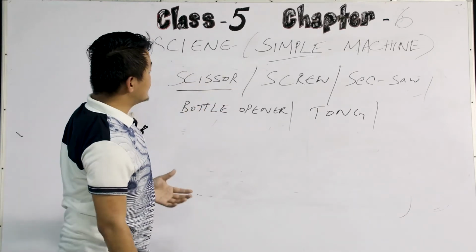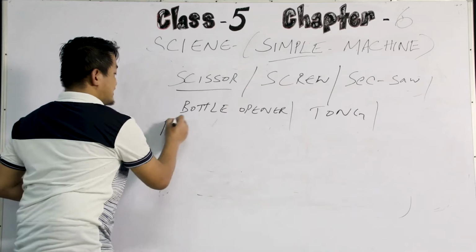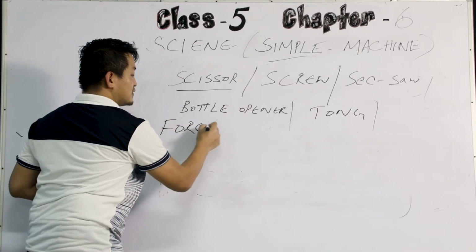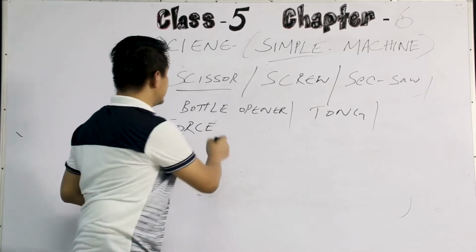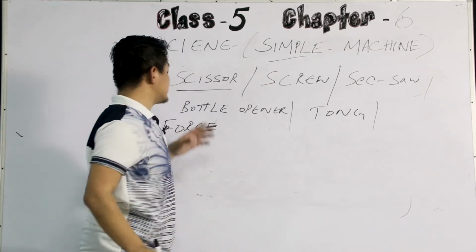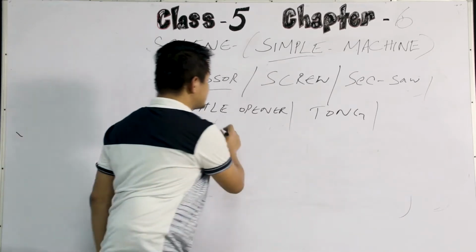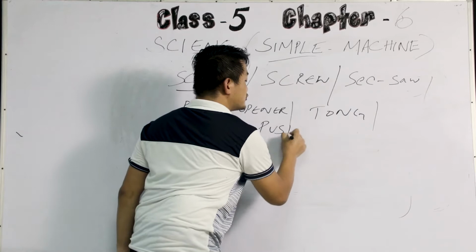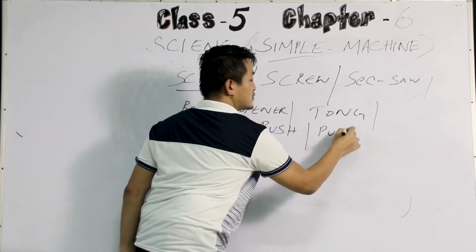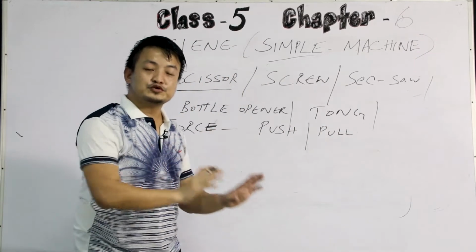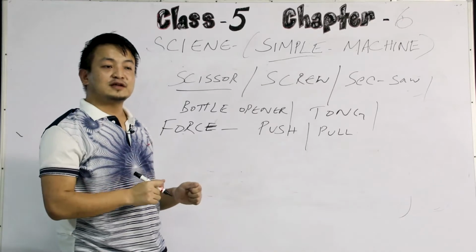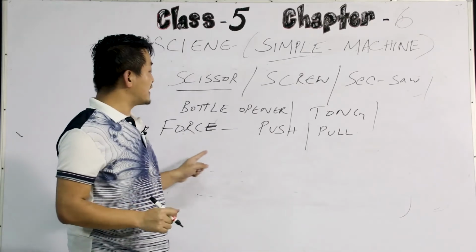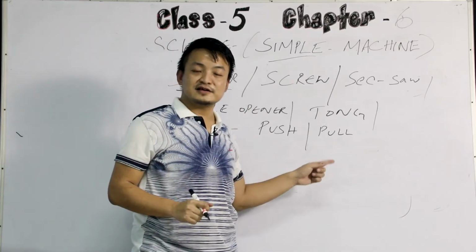Force, as you have studied maybe in class 4, is, in simple words, push or pull. If you are pushing something, if you are pulling something, you are applying a force. Clear?